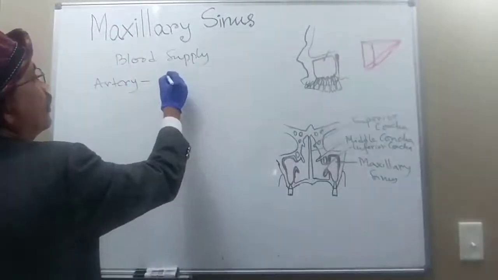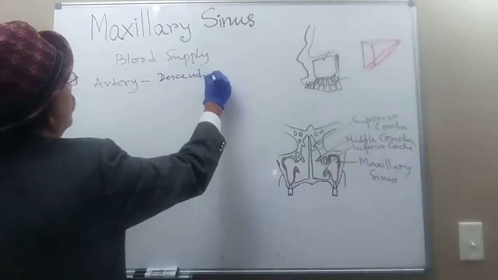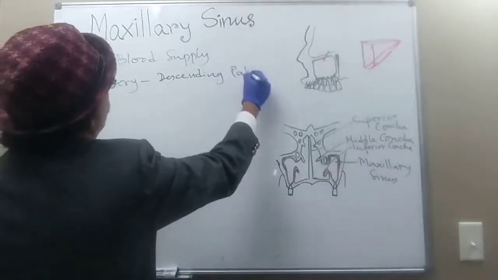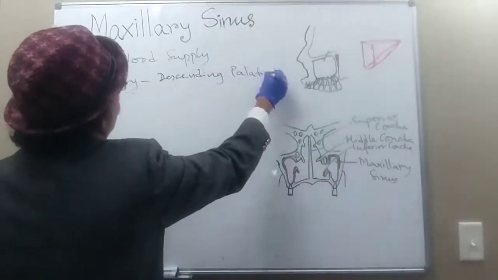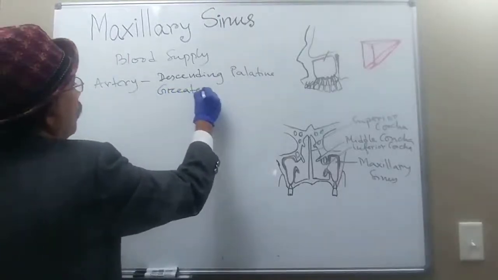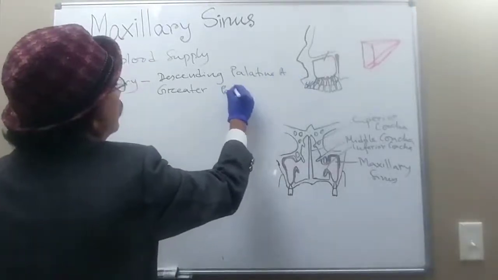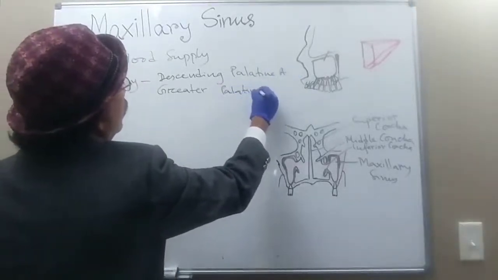These are branches of the maxillary artery. Descending palatine and the greater palatine artery.